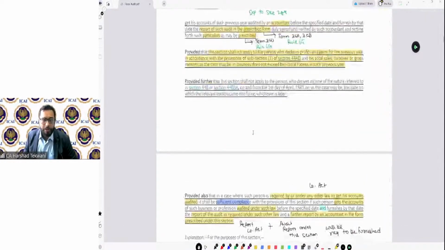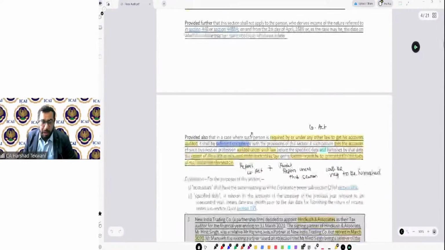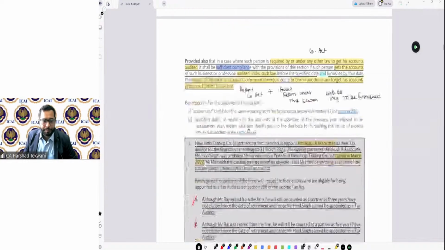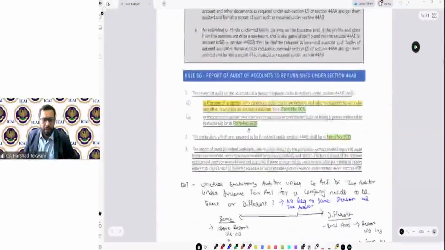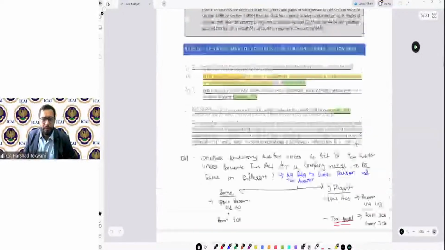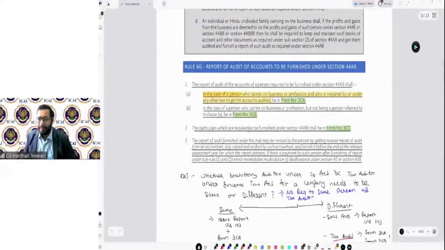We also discussed the rule applicable with section 44AB, that's rule 6G, wherein we discussed how 6G plays an important role in deciding under which category we are required to issue which type of audit report. Then we saw some questions, and we also discussed form 3CD, a summary, a basic one, but not in detail. So that was done in the last lecture.